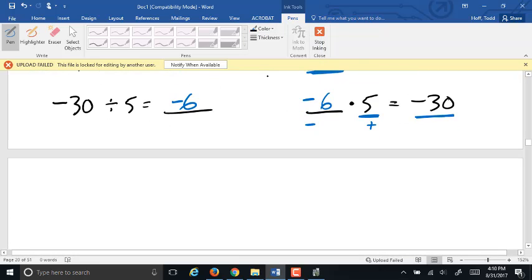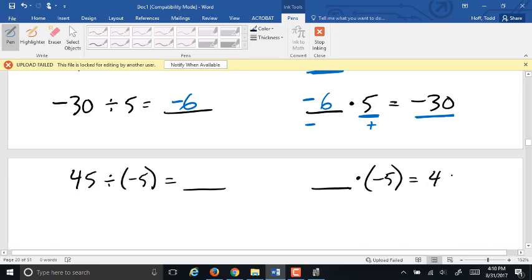Or we might have 45 divided by a negative 5. That's asking us what number times a negative 5 equals 45.